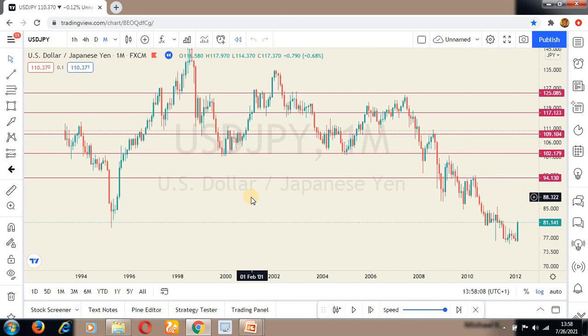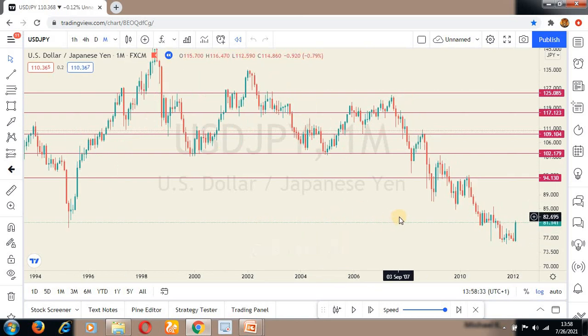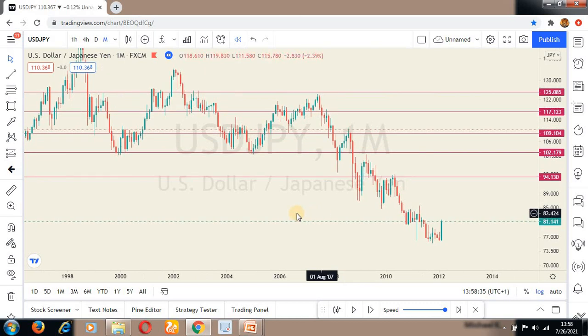Now this is USD JPY, that is US dollar against Japanese yen chart. In this chart, you can find out that I've already plotted out the support and resistance using the same principles and concept I taught you in the previous class. Now, to plot our trend lines, I will be taking this example.